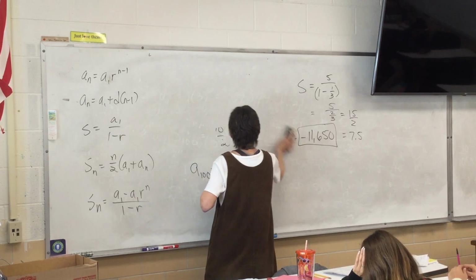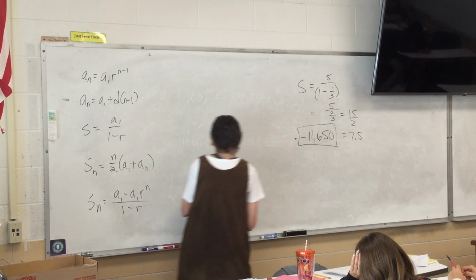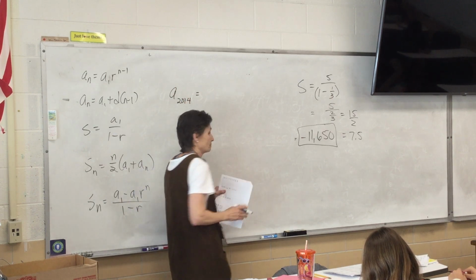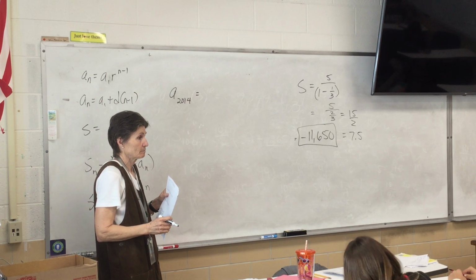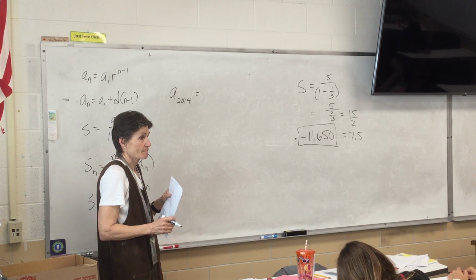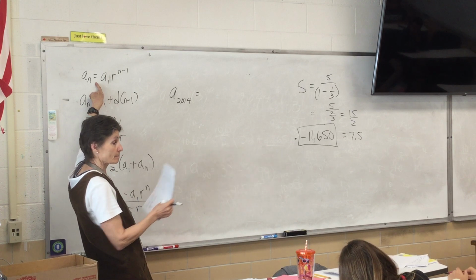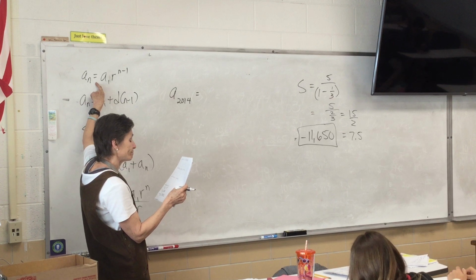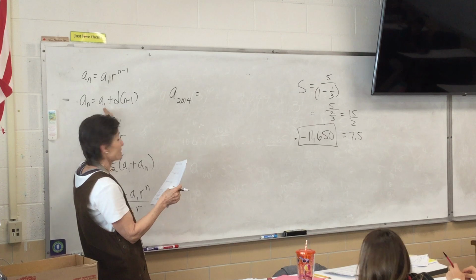All right, next one looks pretty easy. A sub 2014. So we're going to use one of these. What's happening in this sequence? Adding 4, so that makes it arithmetic, which makes it this guy again.